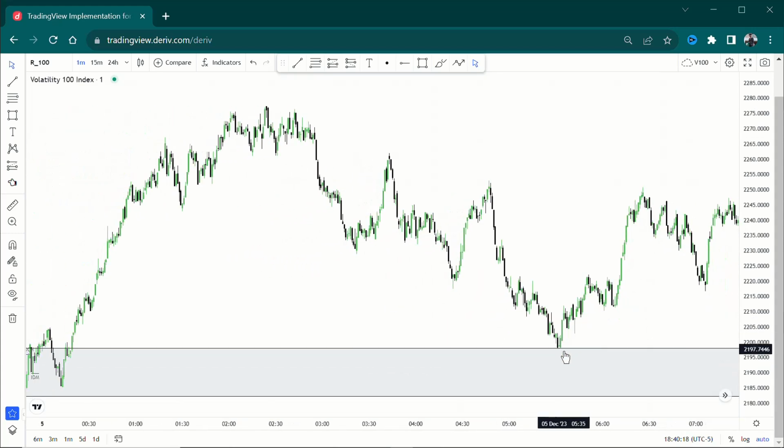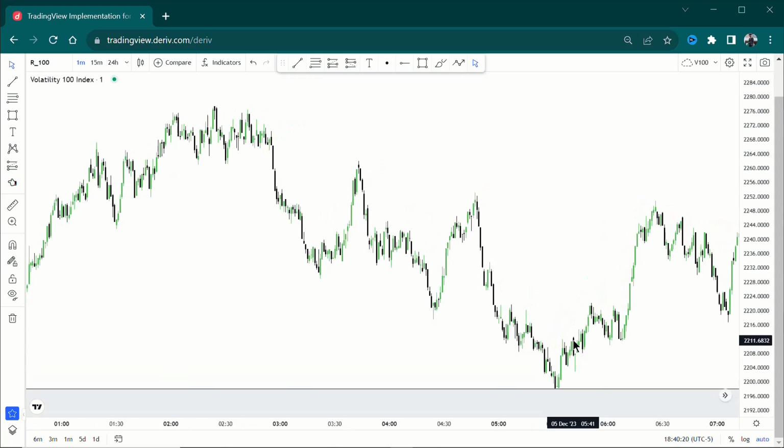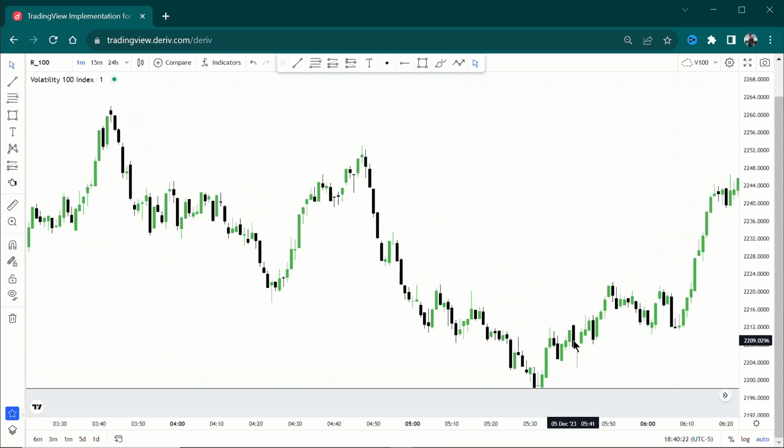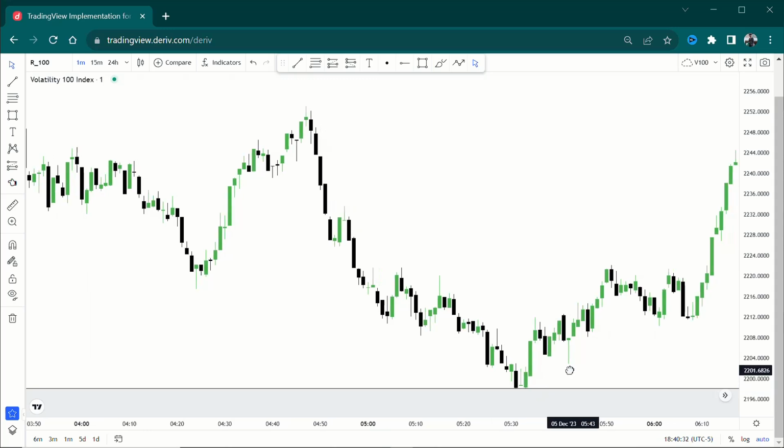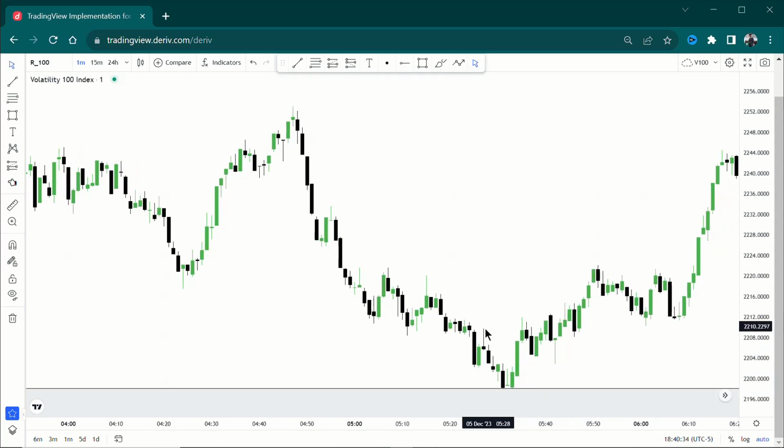Okay, so now look here, it came back to the POI. Now look what happened again. Just after touching the POI, and look at the way it touched the POI, we have a new change of character here.